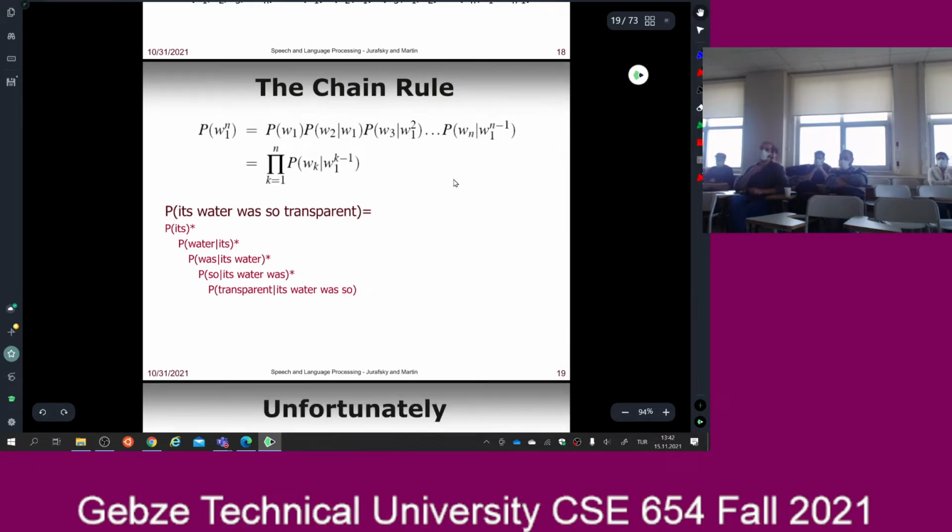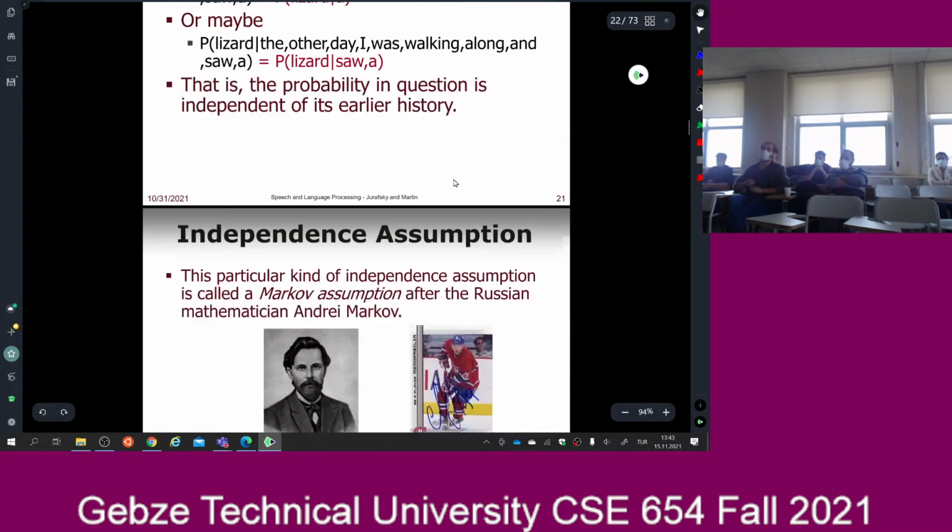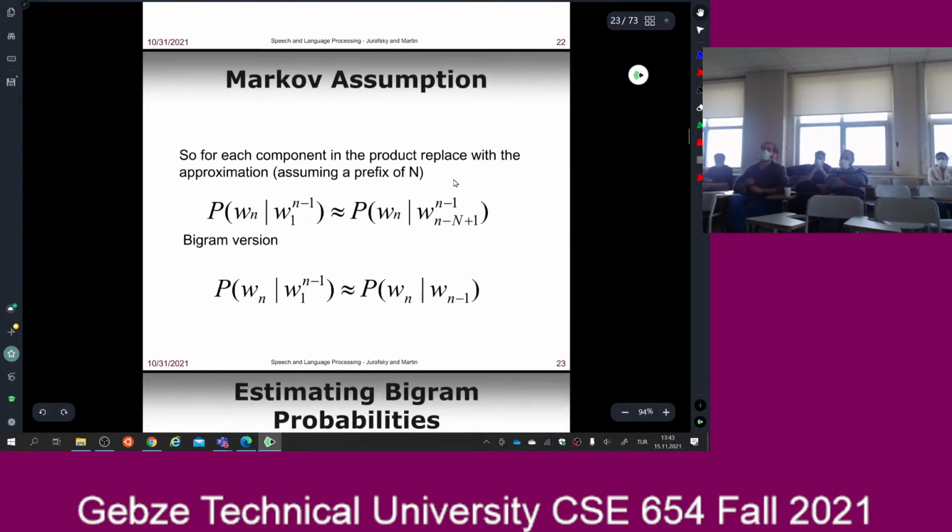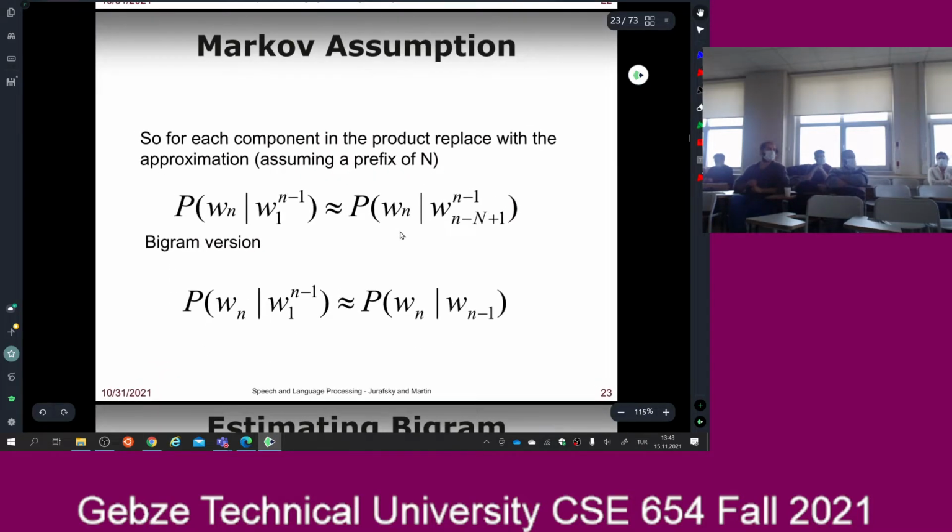Okay, that was what we did last time, and we kept using Bayes' rule and the chain rule, and to get rid of some complications we made an assumption.